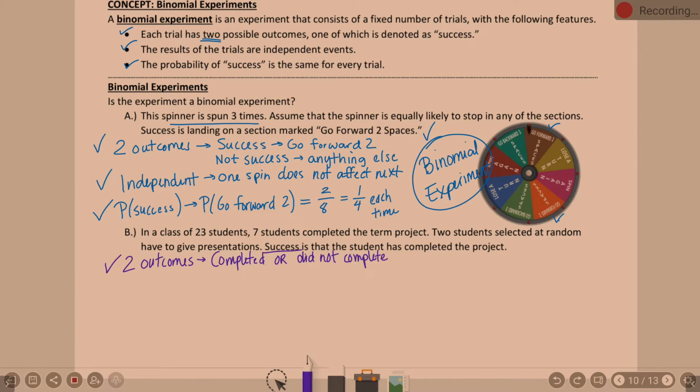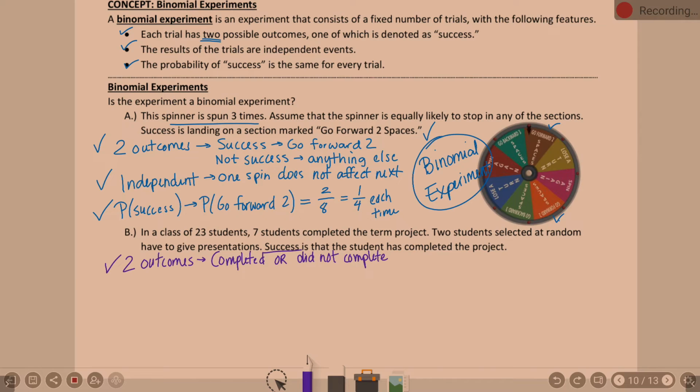Are the results independent events? What are we picking students to do? Present. Once you present, you can't present again, because that would change things.